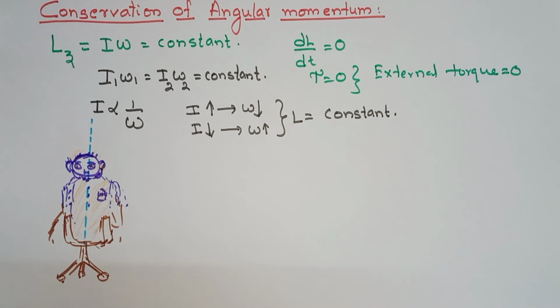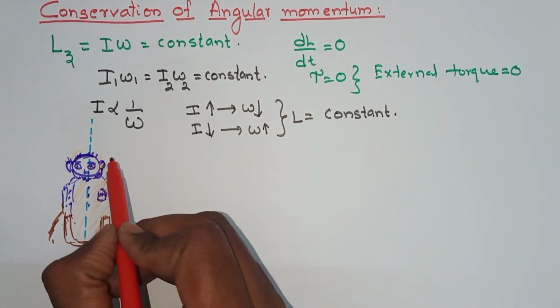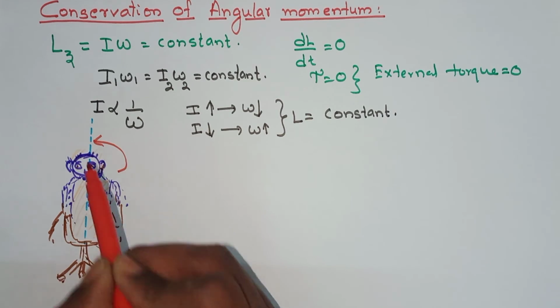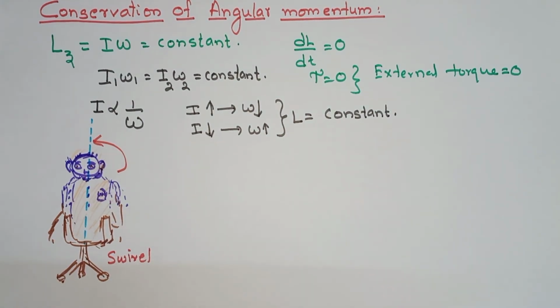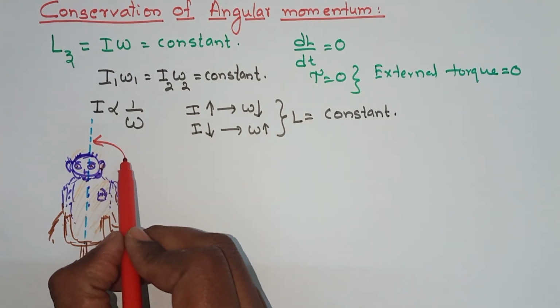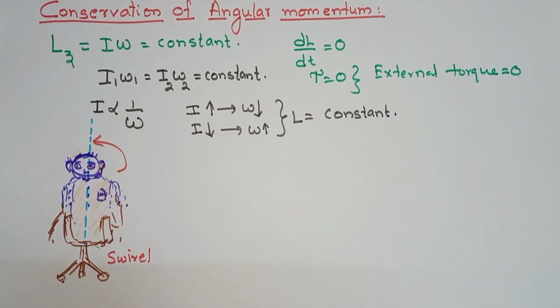See this simple example to demonstrate: consider a simple person sitting in a swivel chair, a rotating chair. So let us say allowing him to rotate about an axis with angular velocity omega.